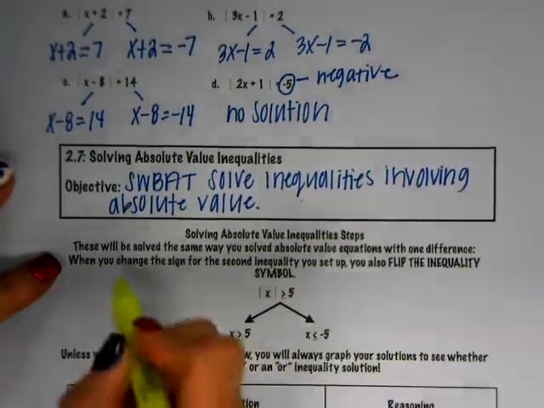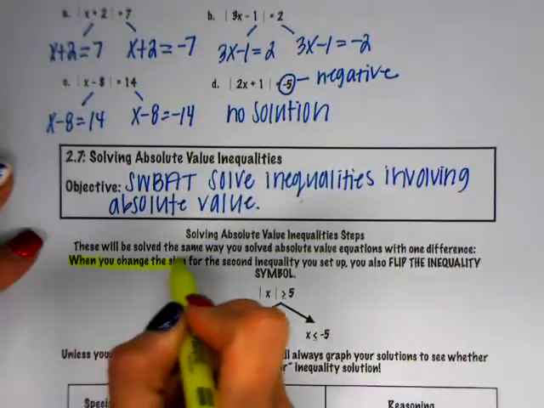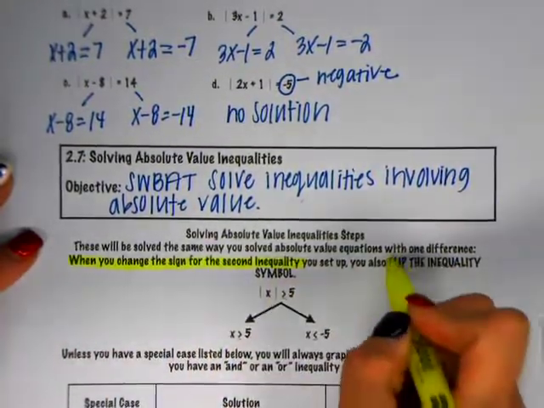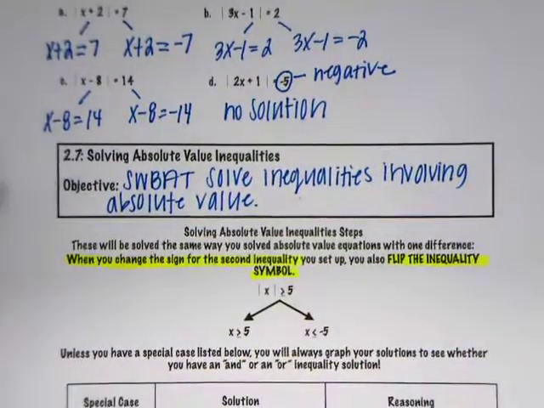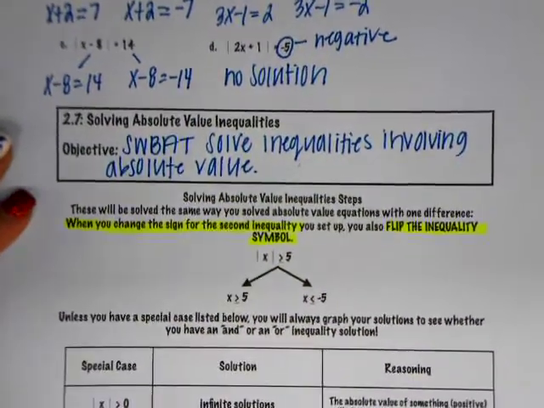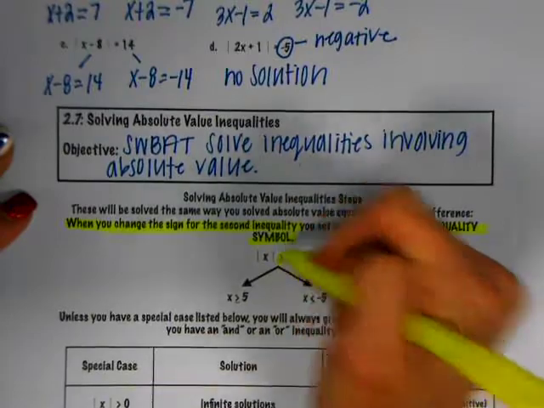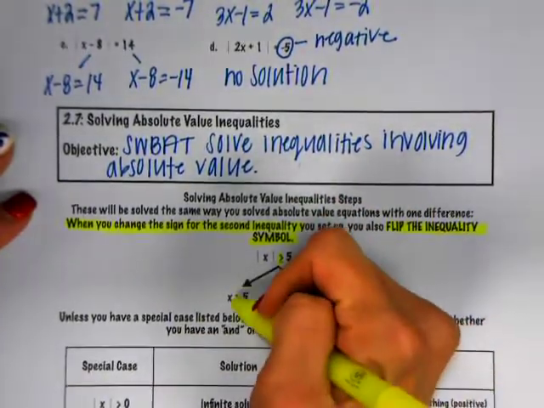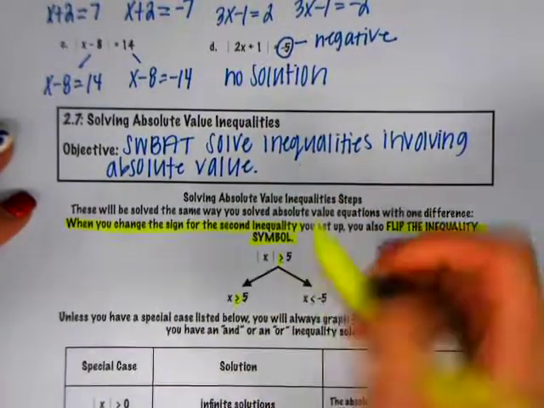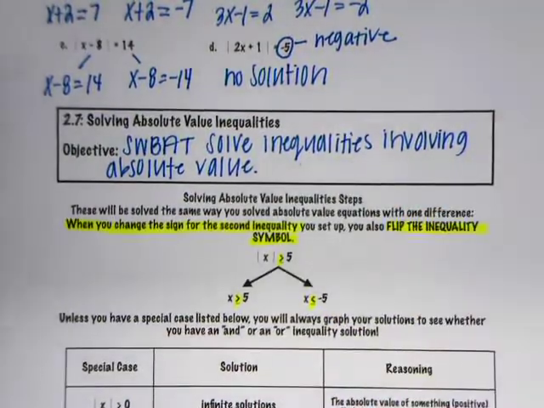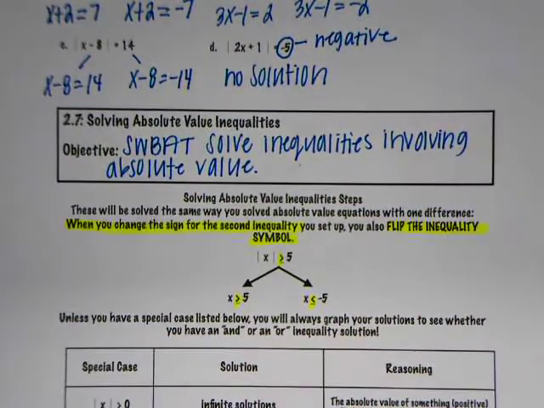So when you change the sign for the second inequality, you have to also flip the inequality symbol. So what I mean by that is if this was the original, greater than or equal to, for the normal first positive one, it stays the same, but when you do the negative version of the answer, it's going to flip, okay?